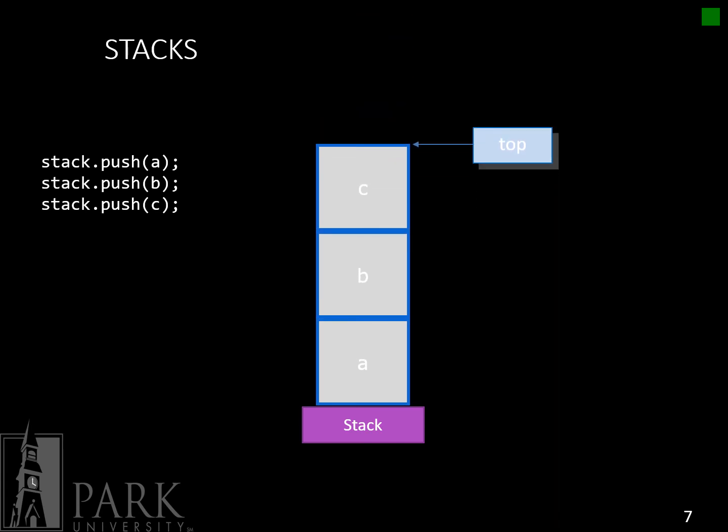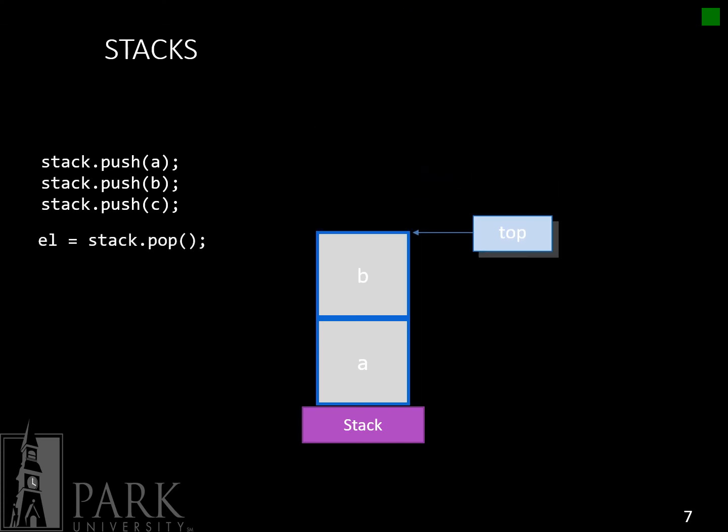So you can see how the top of the stack moved as we added elements onto it. We can then perform a pop operation. Notice how we don't specify an index. We can only remove the top element. So it doesn't require us to pass in an index, right?